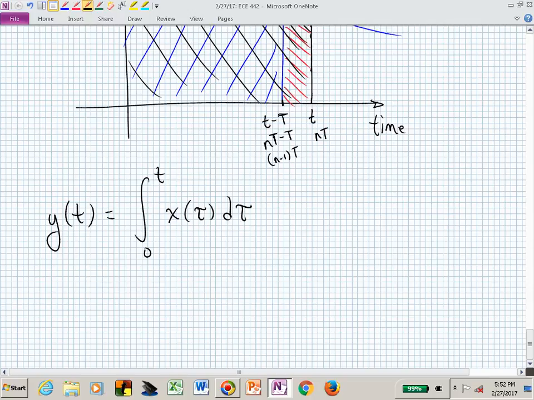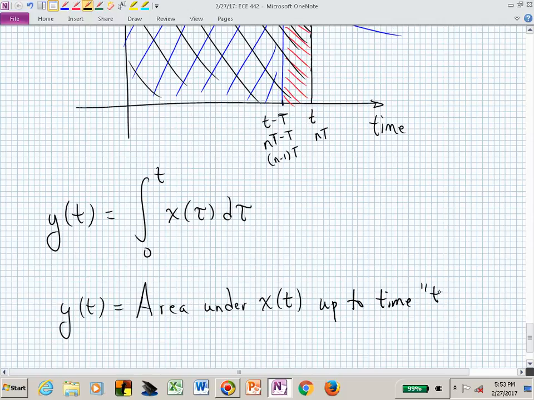Meaning, we want to look at y of t, the area under the curve x of tau, or let me just call it x of t now because tau was just a dummy variable of integration. The area under x of t up to time t.